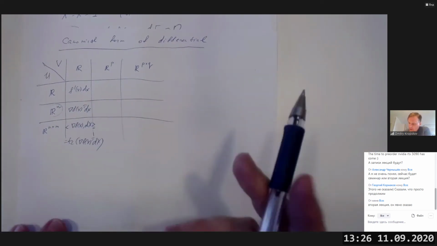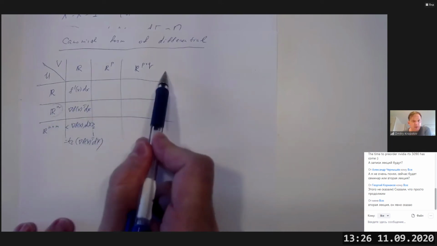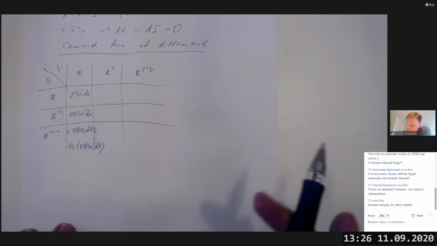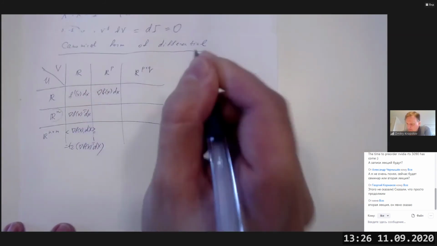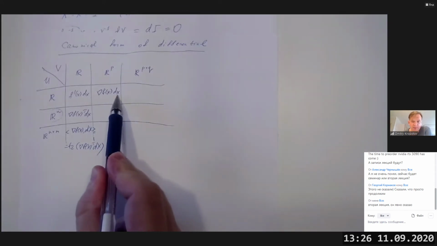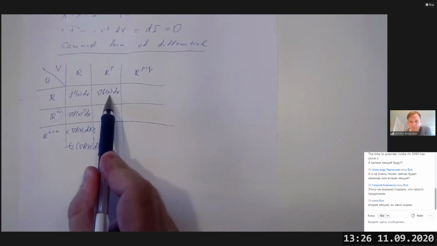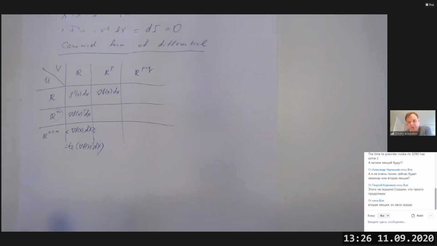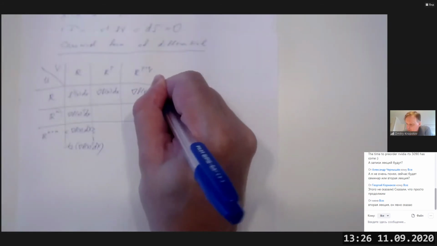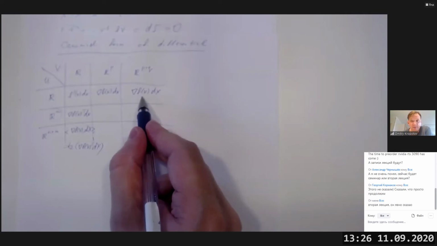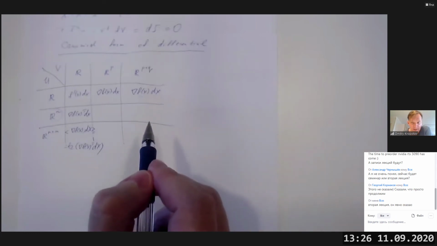Now the first row, input is always one-dimensional, output may be multi-dimensional. So here we have this thing. Now this dx is one-dimensional, and this f of x is a vector of all the partial derivatives of the output fi with respect to the input x. And here, the similar expression. Again, this is a number and this is a matrix, a matrix of the partial derivatives of all the outputs with respect to the input x.